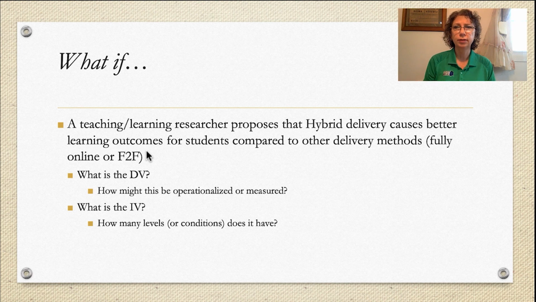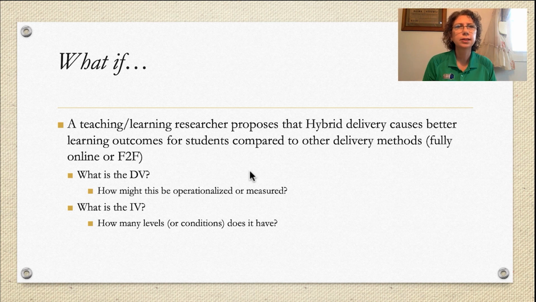And what is the independent variable? It's the delivery method. And that's a tricky part. It's easy to get a little confused with what is the independent variable here, because I could say, well, there's three. There's the hybrid delivery, the fully online, and the face-to-face.